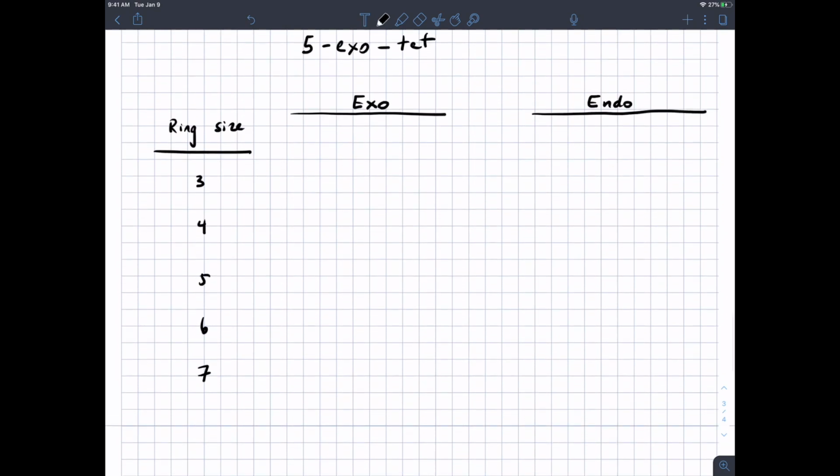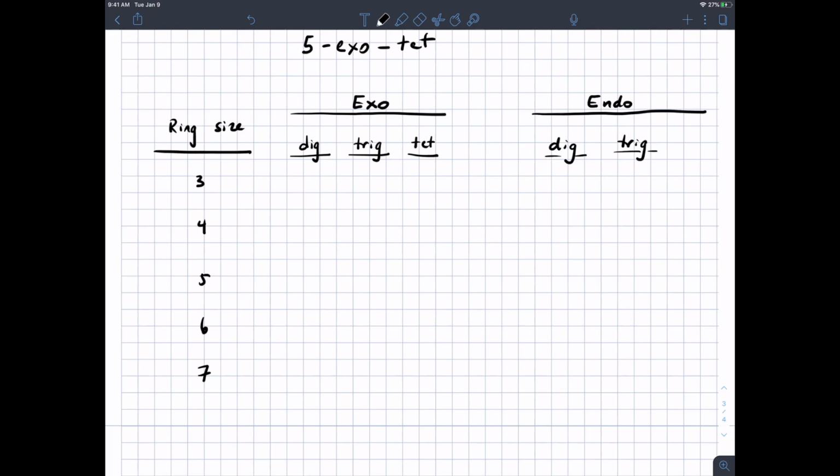And then here we're going to put the various hybridizations of the atom in the ring, whether it's sp hybridized, sp2 hybridized, or sp3 hybridized. And we'll do the same over here, although we can't use tet over here for endo.